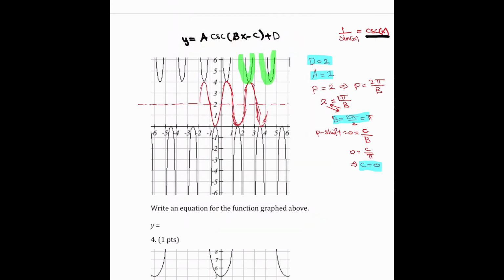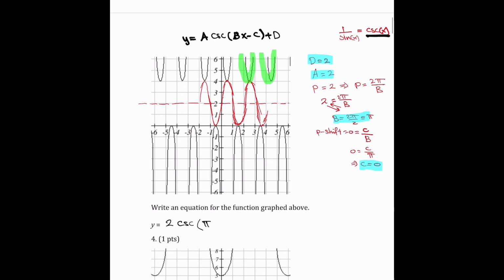So the function is going to be 2 cosecant, B is equal to pi, minus 0, I'm not going to write it down, and then plus D. So that is going to be the equation for that graph.